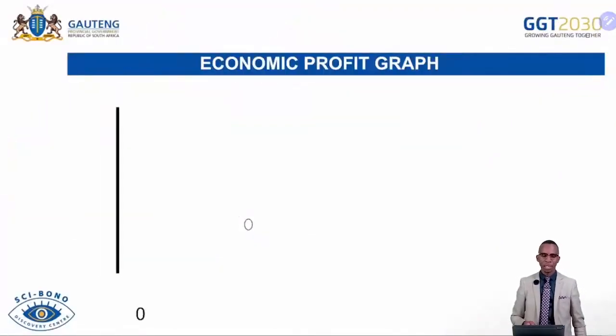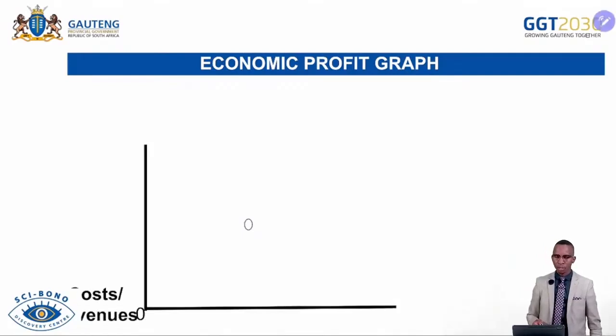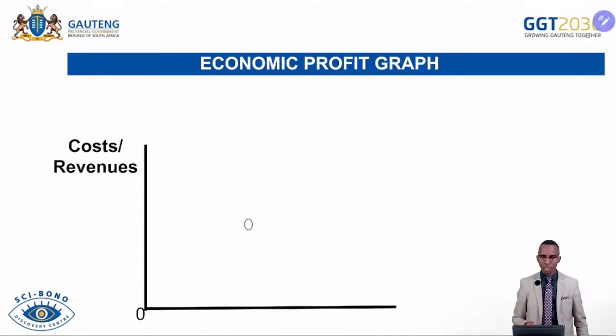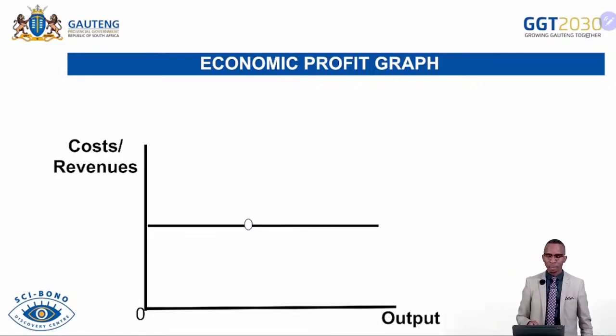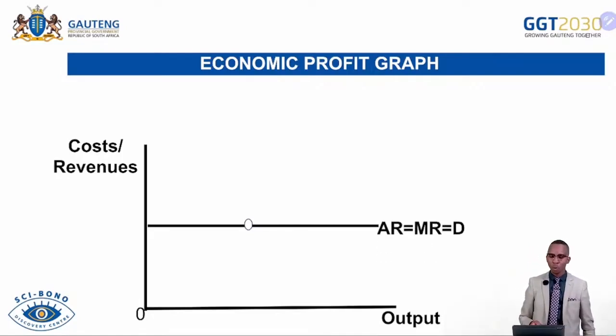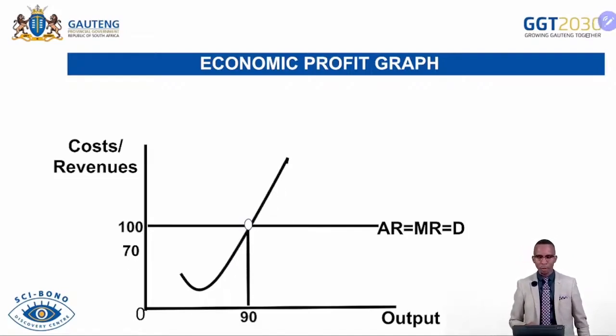This is the graph indicating that. The vertical axis has been given, the horizontal, and then cost and revenues. We have the output or the quantity. There you go, we have the demand curve, which is AR equals MR equals D. Then let's see in there what happens. We have our output, and then there is MC coming in.